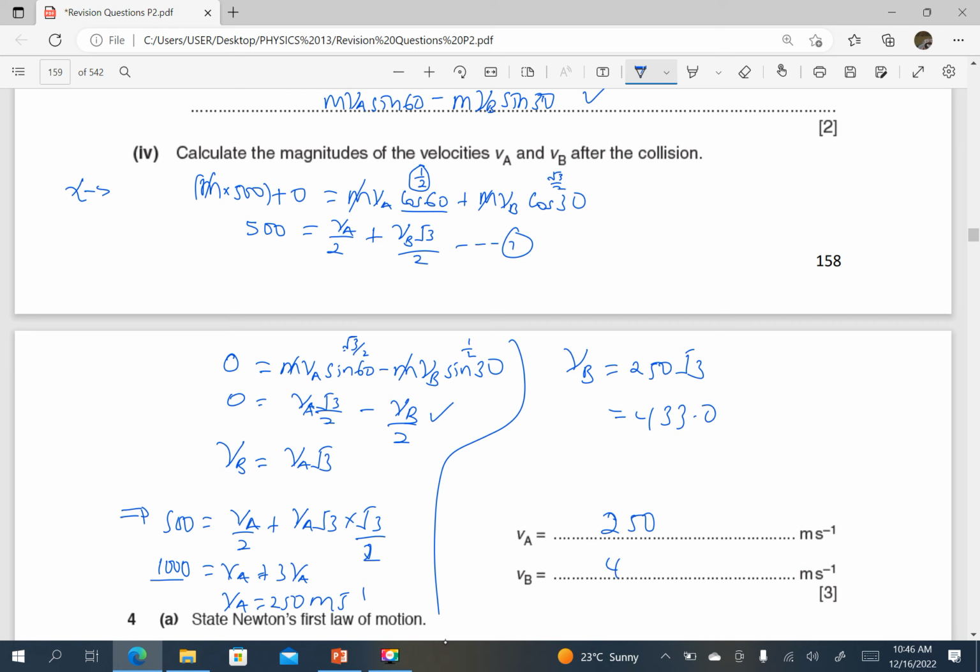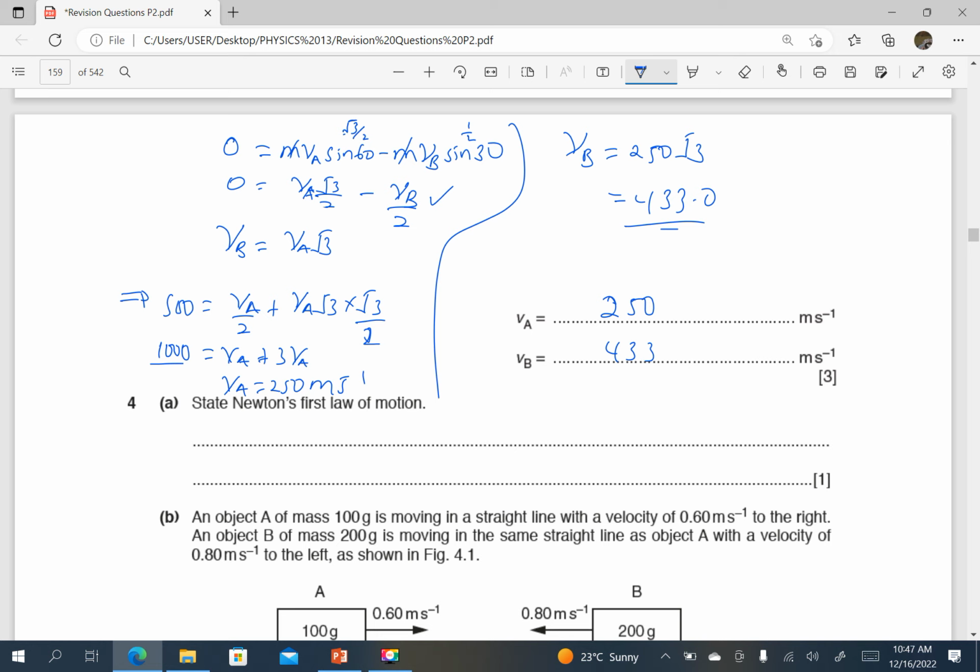So I'll just write 433. So those are the values of VA and VB. I've used some mathematical concepts that some people may not have ideas about, but it's okay. You can use any mathematical principles that you think you're familiar with.